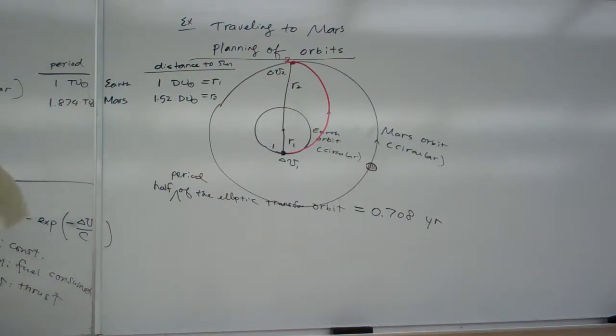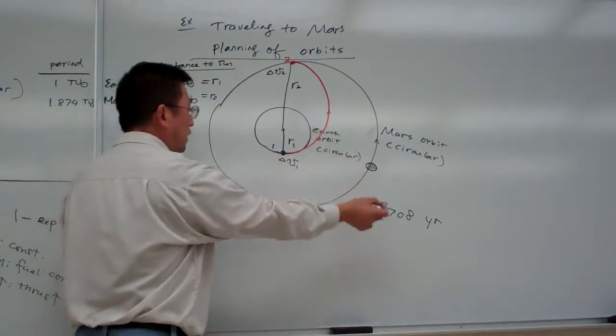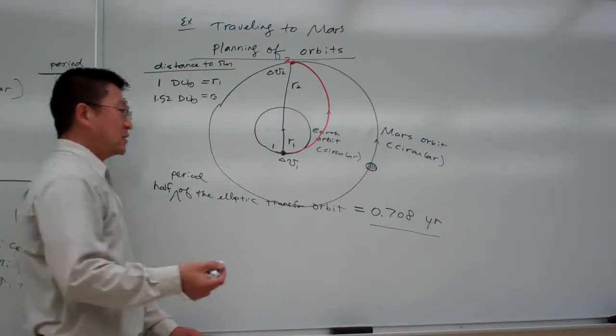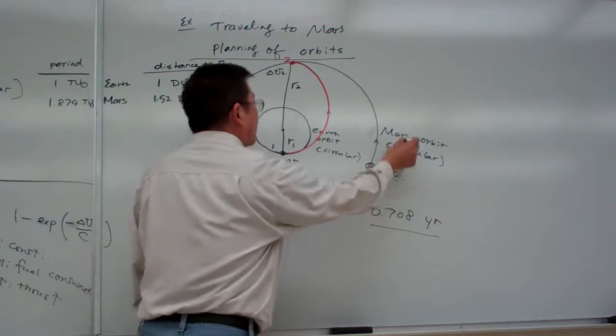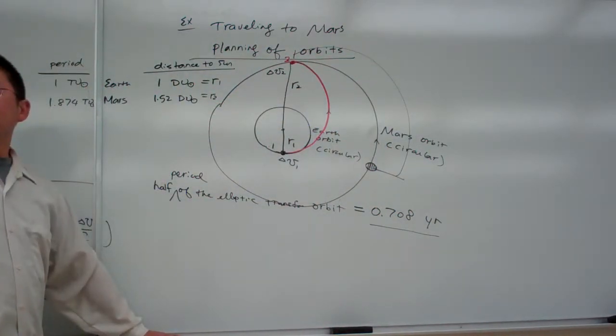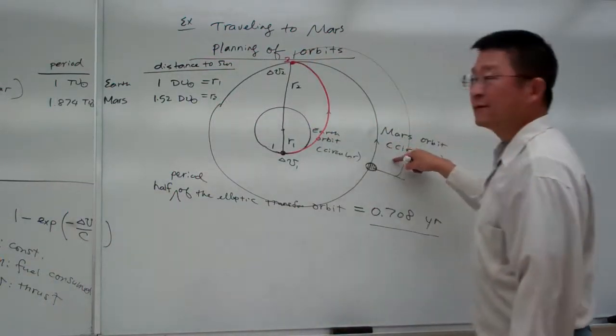Okay, so that is the period. So that means right now we want to determine, we know the vehicle is going to spend that much time on the transfer orbit. That is the same amount of time Mars moves from there to here.